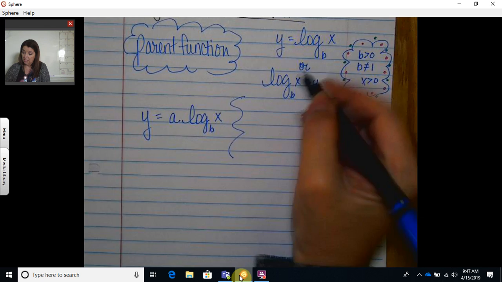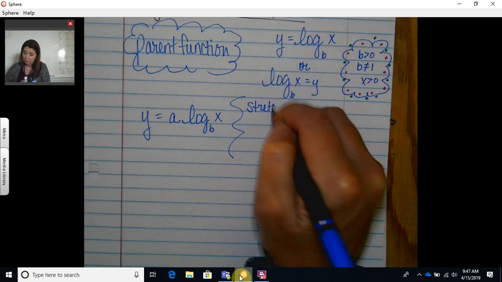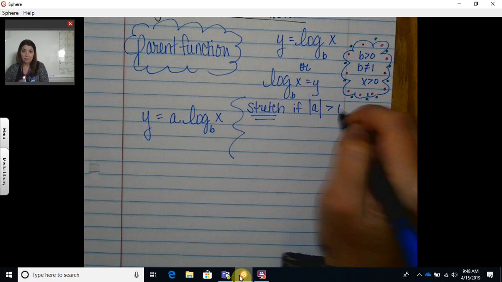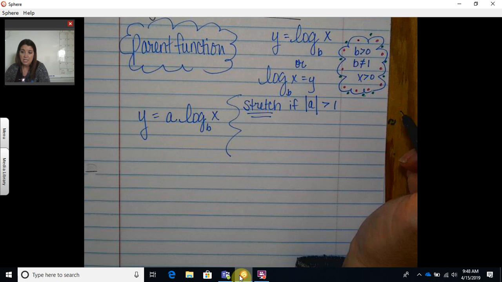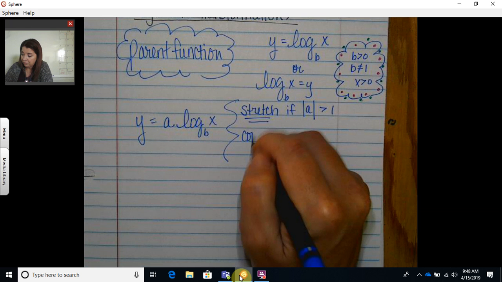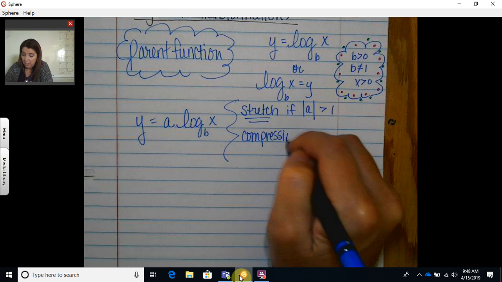So, your logarithm is a stretch if the absolute value of a is greater than 1. So a could be negative 2, but its absolute value is positive 2, right? 2 is greater than 1, that would be a stretch. It is a compression if the absolute value of a is between 0 and 1.